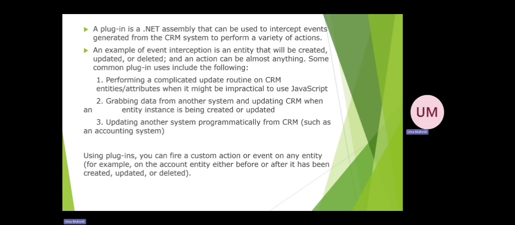Before going to pre-operation, each stage is given a stage number. Pre-validation is 10, pre-operation is 20, main operation is 30, and post operation is 40. In plugin code, sometimes you might see these numbers, for example if you are writing early binding and registering or binding the events.